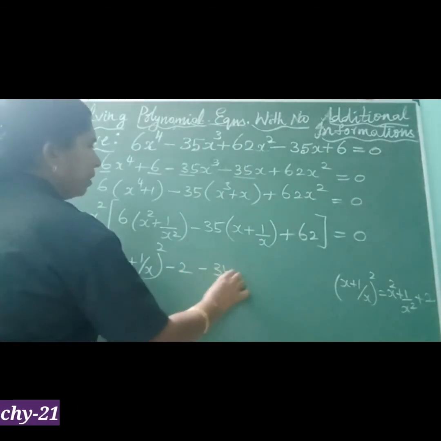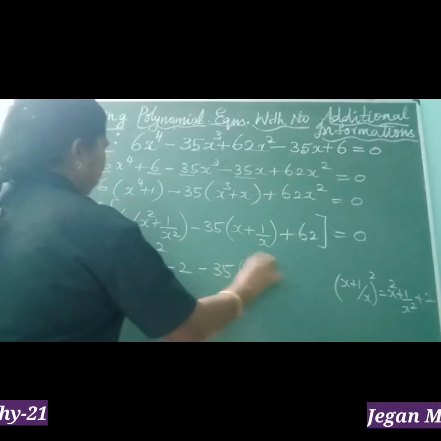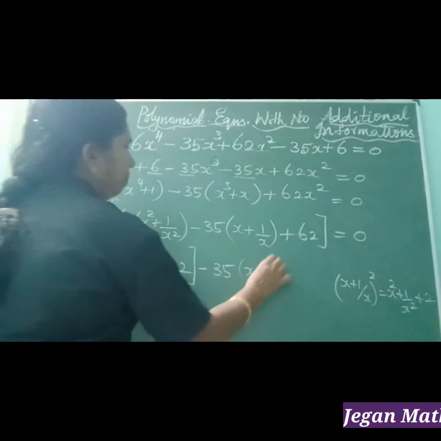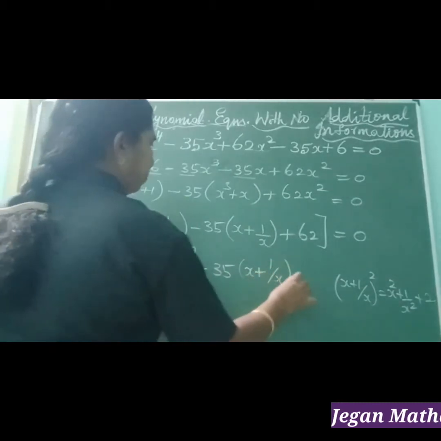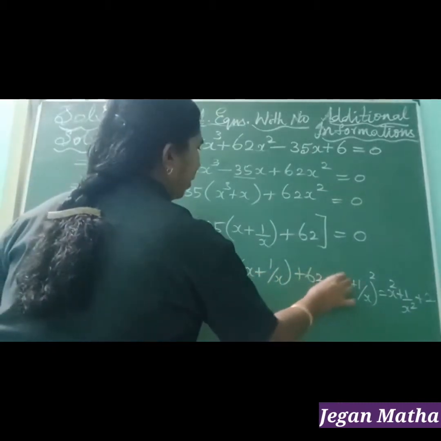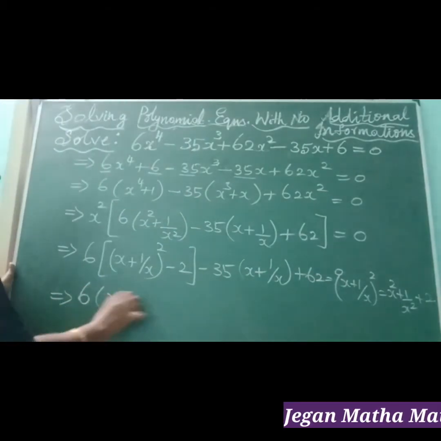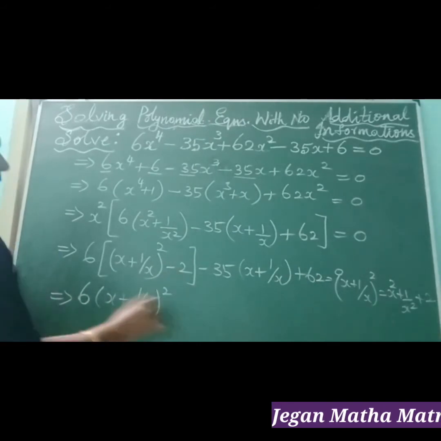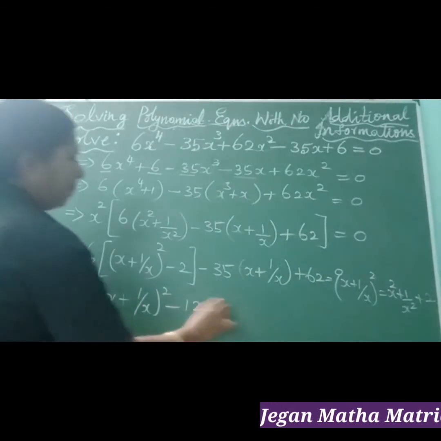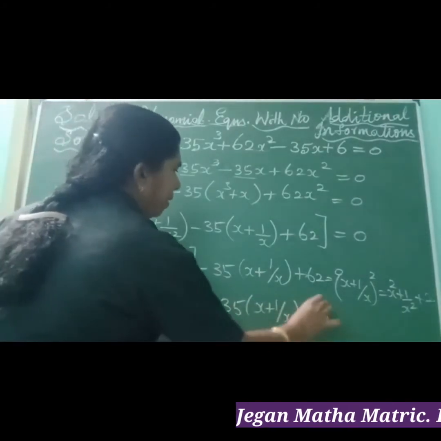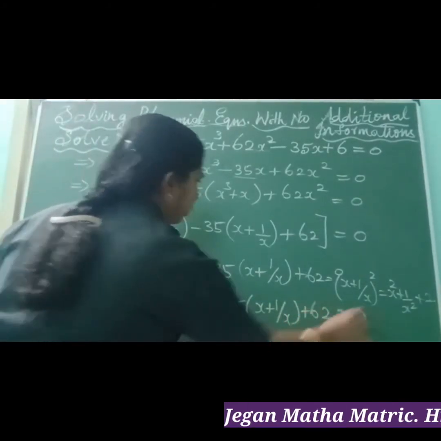So we get 6 into x plus 1 by x the whole square, minus 35 into x plus 1 by x, plus 62 equal to 0. That is 6 into x plus 1 by x the whole square minus 12, minus 35 into x plus 1 by x, plus 62 equal to 0.